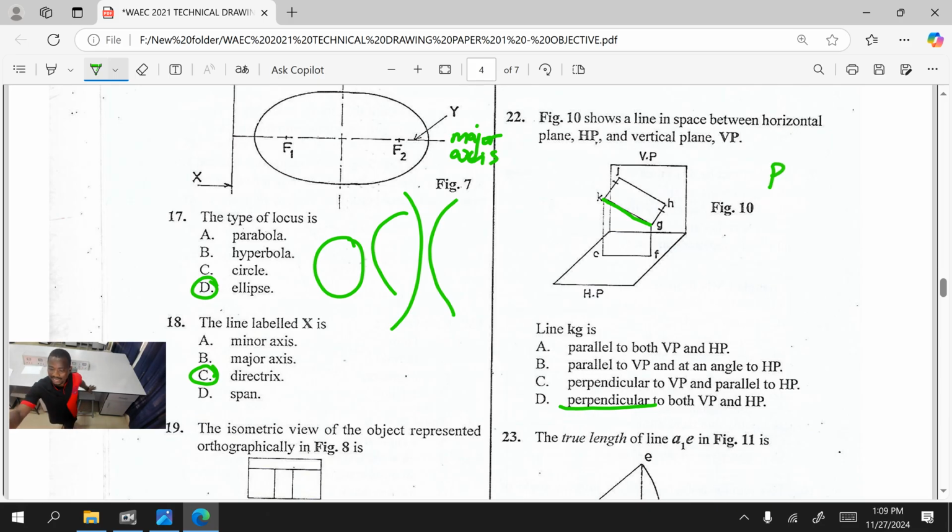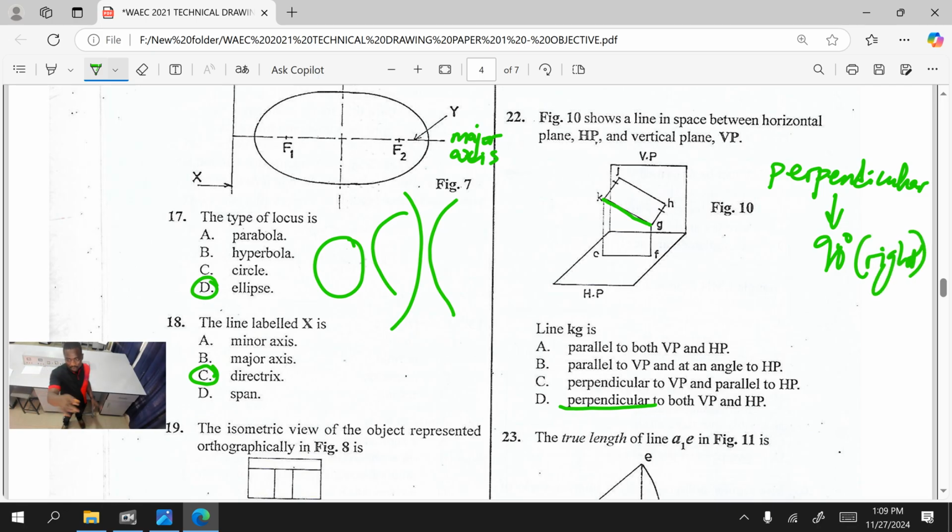Perpendicular means it is at right angle, 90 degrees. So if you look at this drawing, does the line form a right angle at any point? No. So the moment they mention perpendicular in C and D, you know it is totally wrong.